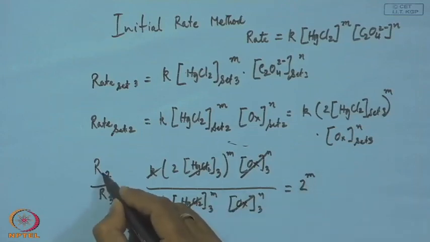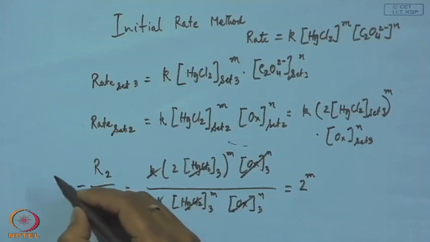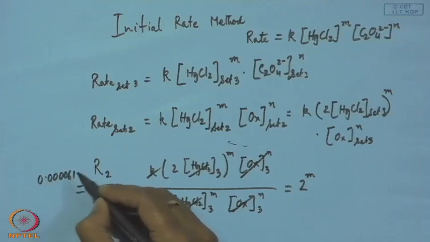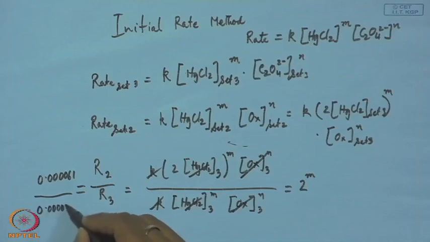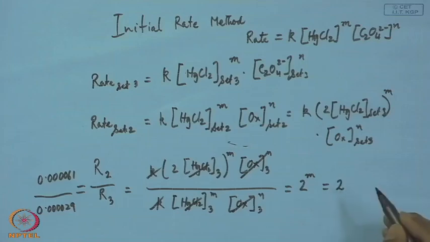Now, we know what the values of these initial rates are. You see that R2 is equal to 0.4061 and R3 is 0.000029. So, it is approximately 2, very close to 2. Therefore, we can write m is equal to 1.